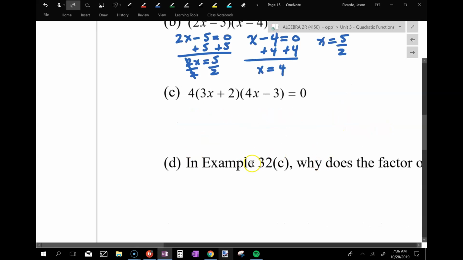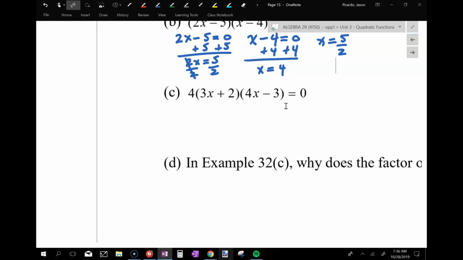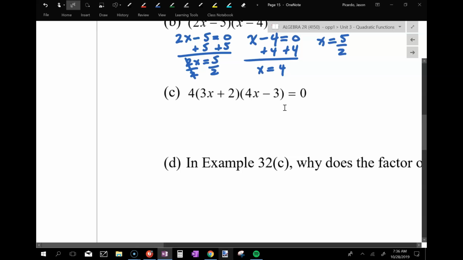Be careful with this here, guys. How many factors do I have here? Give me the number of factors.